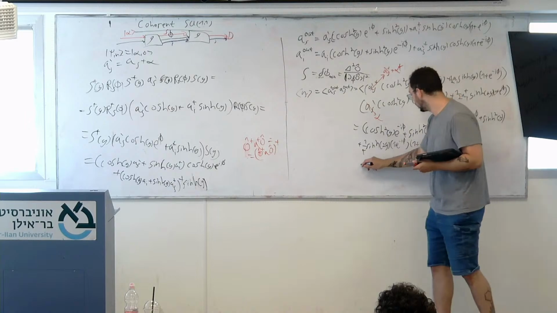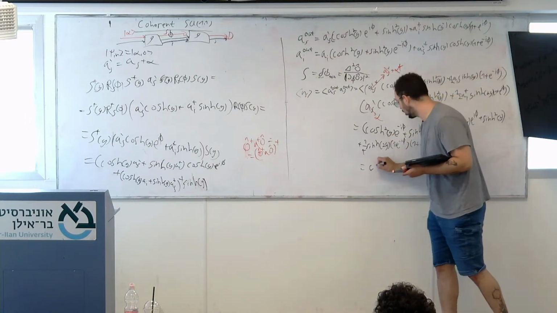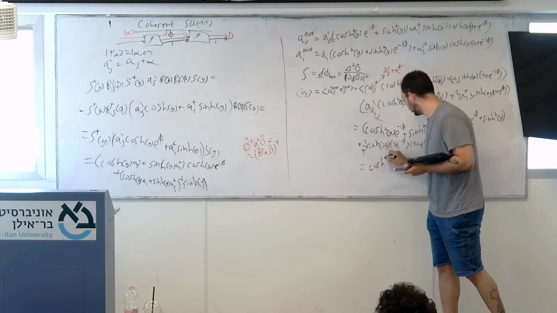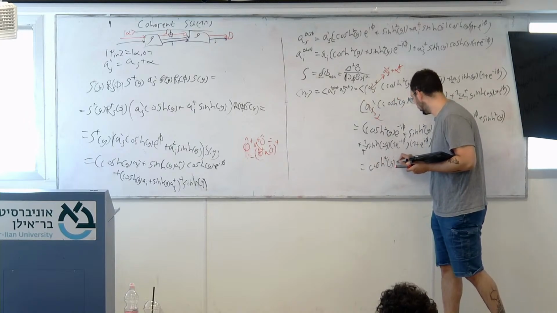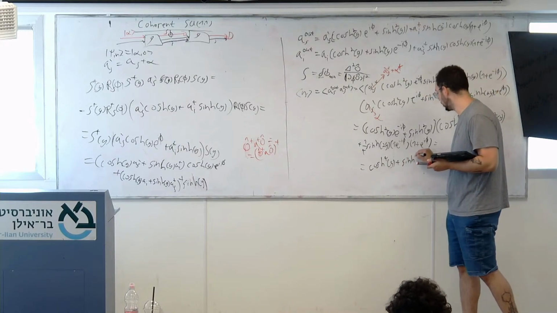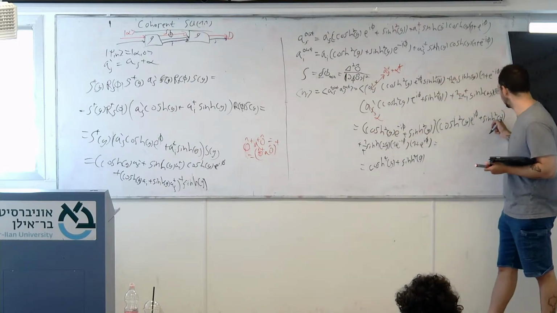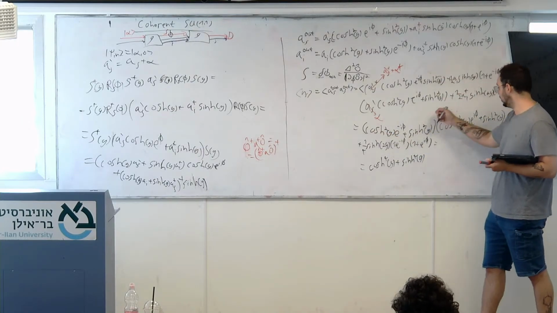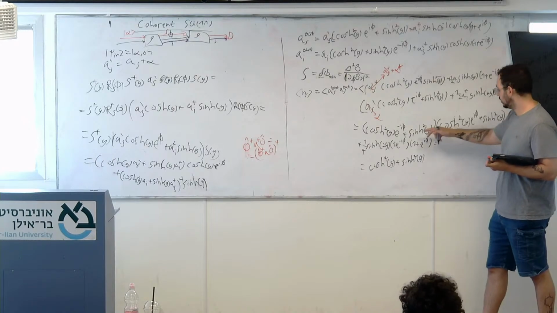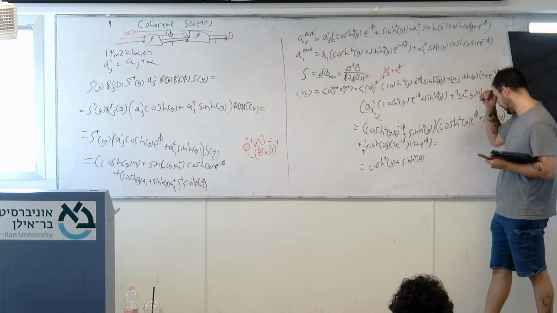Okay. So the first time we have the cosh times cosh would be cosh to the power 4G plus sinh to the power 4G. And then we have cosh squared times sinh squared and sinh squared times cosh squared. Each of them will be with the e to the minus i phi plus e to the i phi.